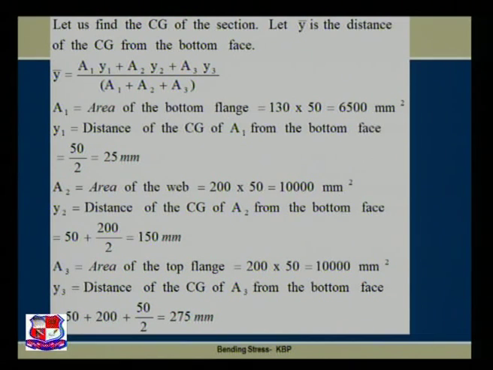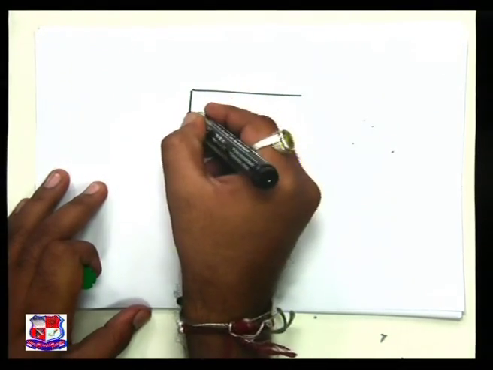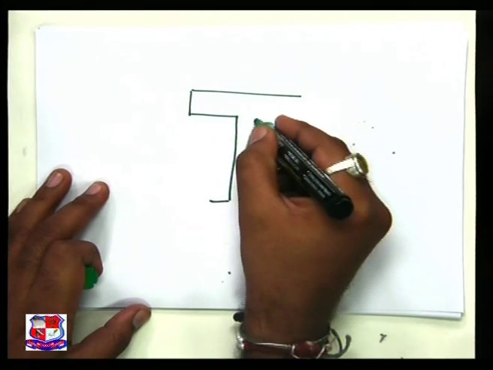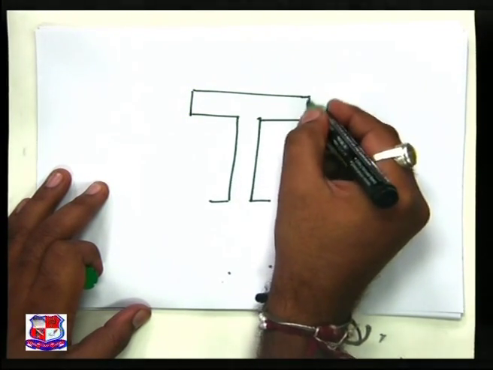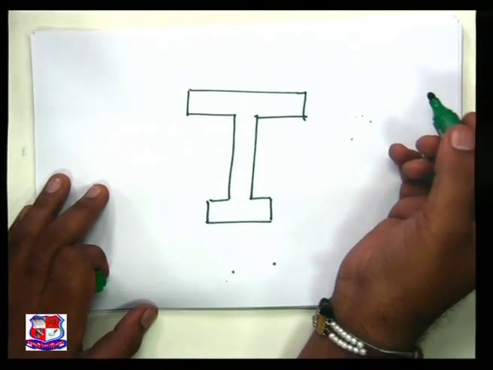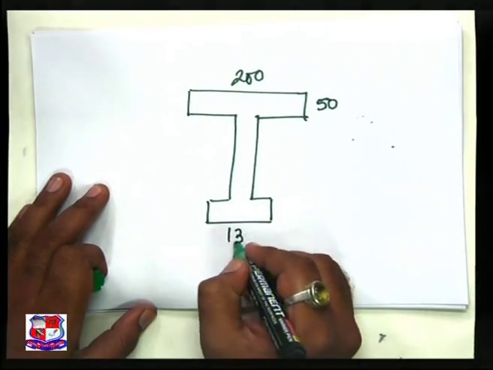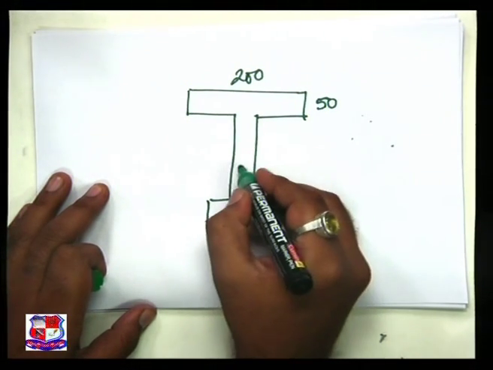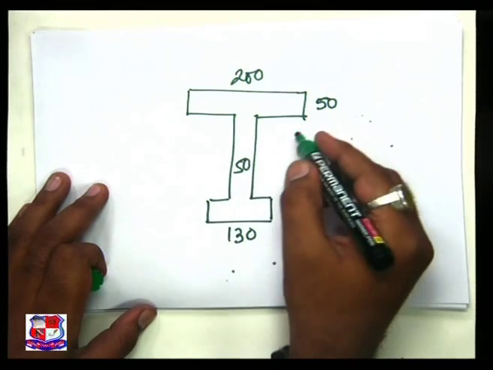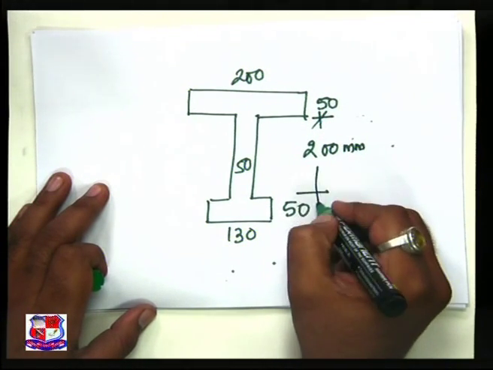Let us understand this concept by drawing a figure over here. If I plot on this tabletop, this is the unsymmetrical I section given to us with the size of 200 by 50 mm top flange, and 130 by 50 mm bottom flange. 50 mm is the thickness of the web, and the web length is 200 mm.